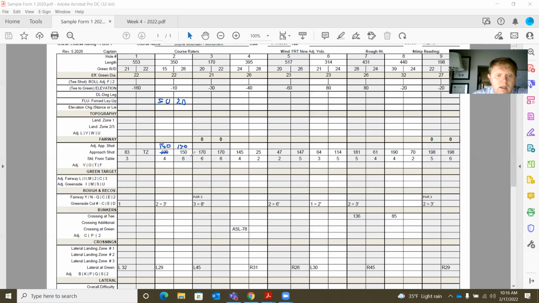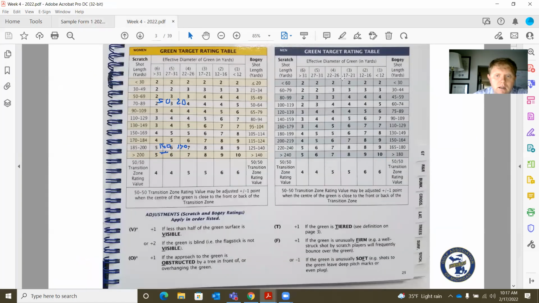And I'm going to cheat on the 150 because I know what the value is here. Actually, I should probably just look it up for good practice. So we've got our effective green diameter of 22, and then our approach shot is 150. So we're going to go back to our chart, and we're going to say a scratch male golfer at 150 to a 22 is a 4.